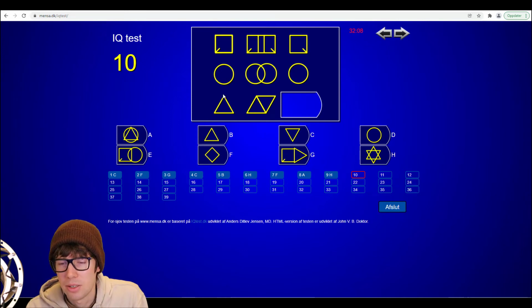Down here you have a triangle with the pointy edge upward. In the middle you have this triangle, together with something missing here. So what we're missing to create this sum is the triangle pointing downwards. So that would be C.